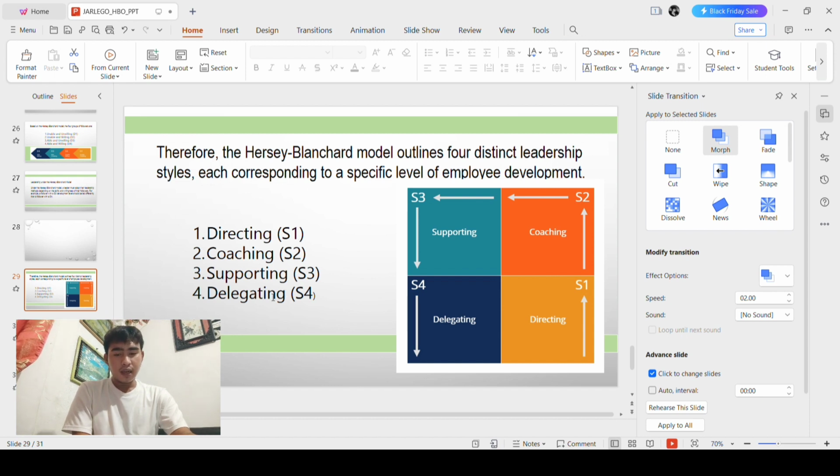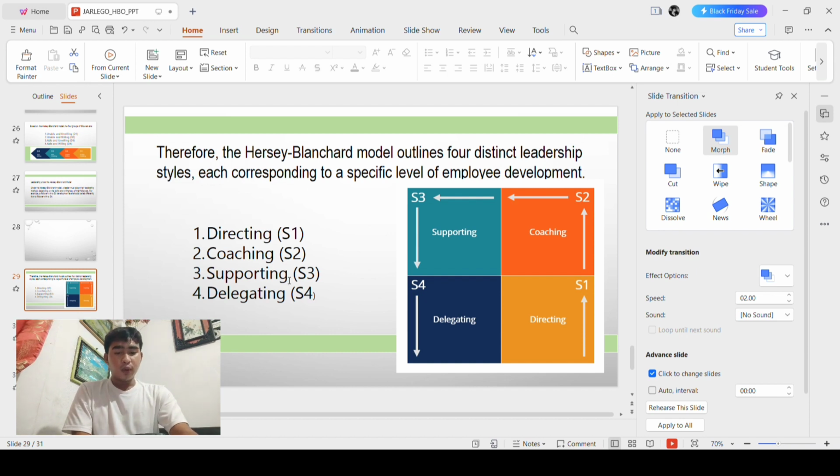When we say directing, the leader provides clear instructions and closely supervises tasks for followers with low readiness or ability, which typically refers to a lack of capacity. Number two is coaching or selling. The leader still provides direction but also offers support and encouragement to enhance followers' skills and confidence.